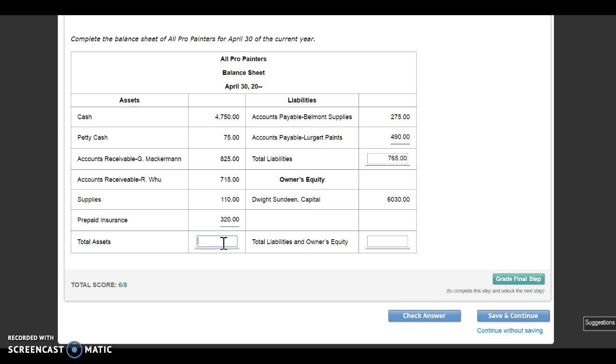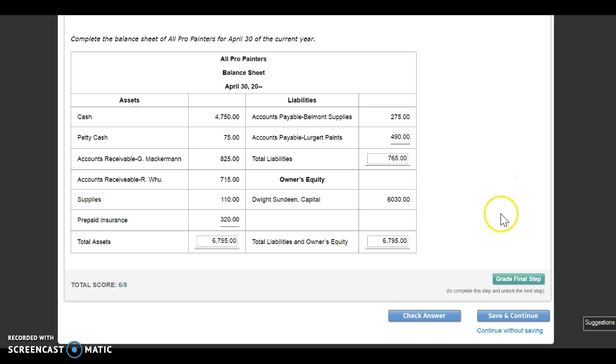So my assets, I get $6,795. Okay, then I'm going to add my total liabilities plus my capital here. And I get 6,795.